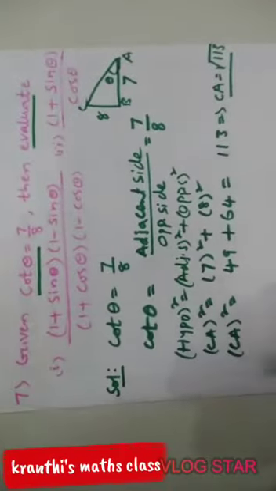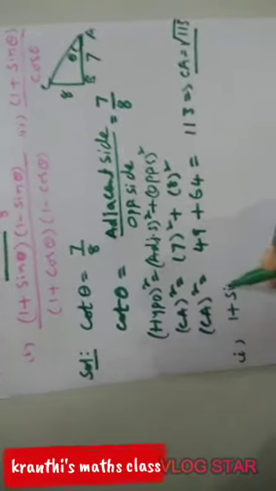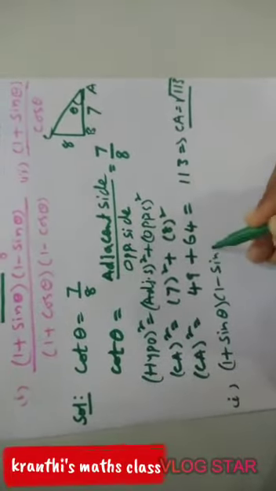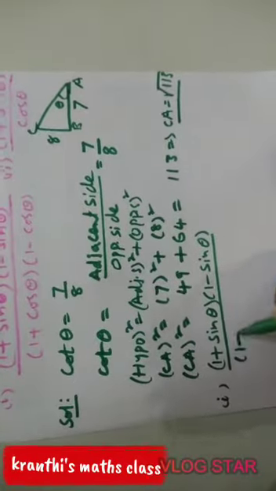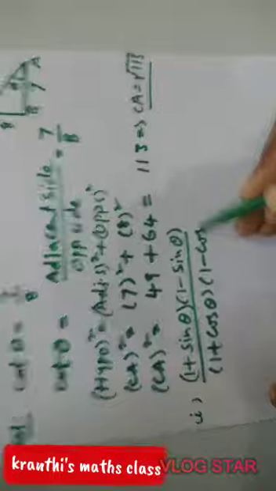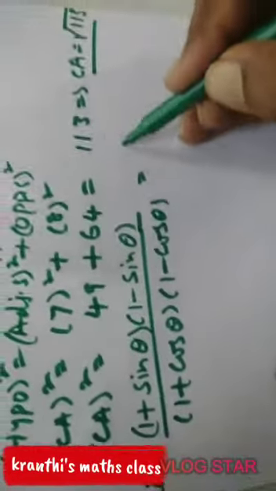So first of all, we have to find (1 plus sin theta) into (1 minus sin theta) by (1 plus cos theta) into (1 minus cos theta). Here we can write it is a plus b into a minus b, in both, and a plus b into a minus b means a square minus b square.